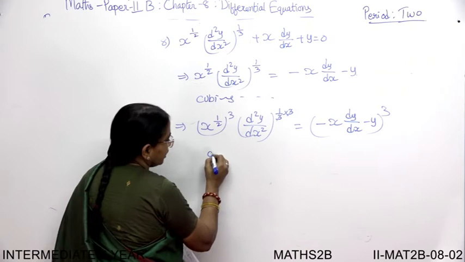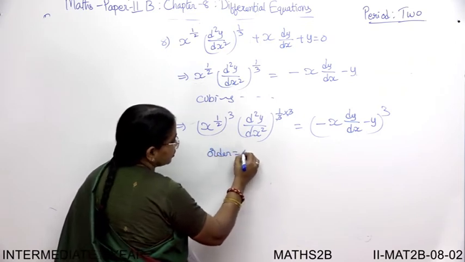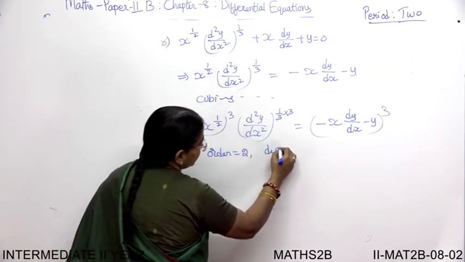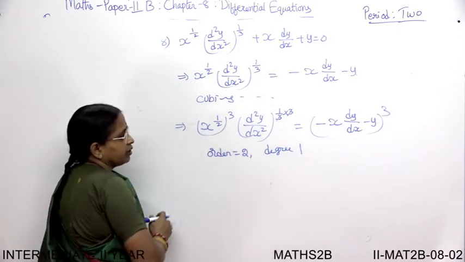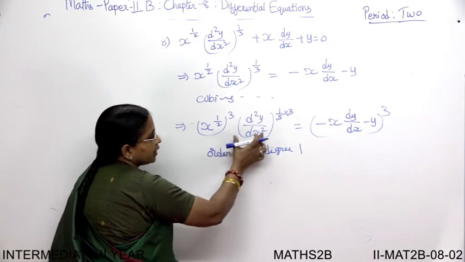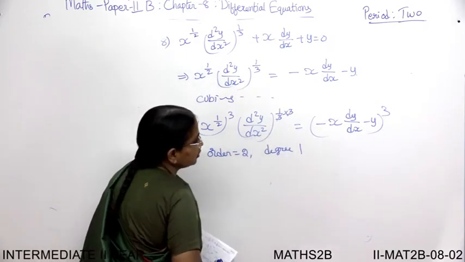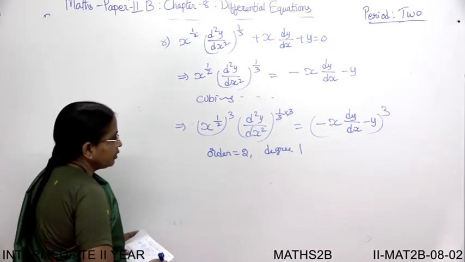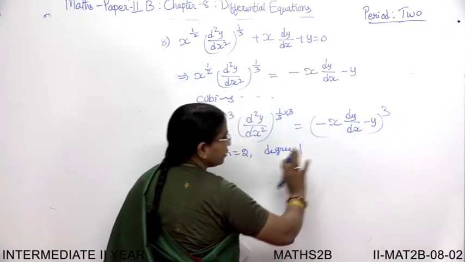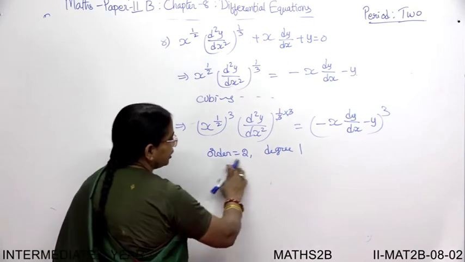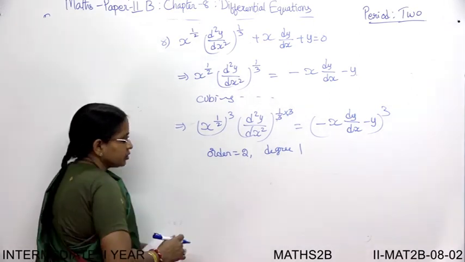So the order is 2 and degree is 1. Here you can have any fractional coefficients, but as far as derivatives are concerned, you should have integers. It should be a polynomial. Here also when you expand, it will be a polynomial equation in derivatives only. So the order is 2 and degree is 1.